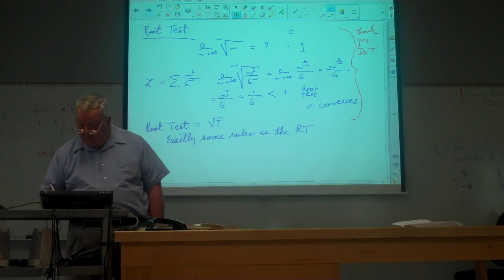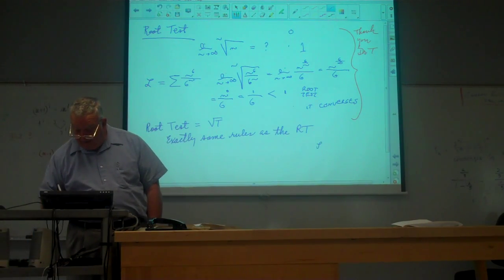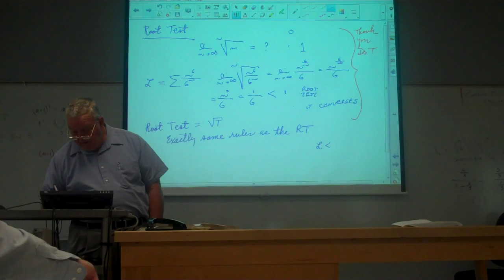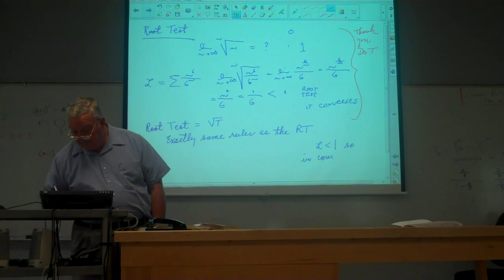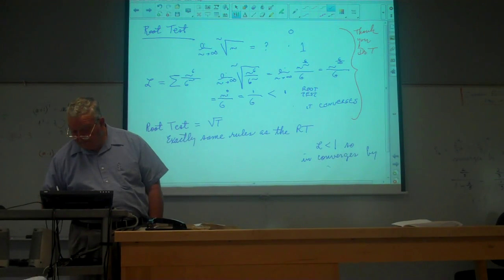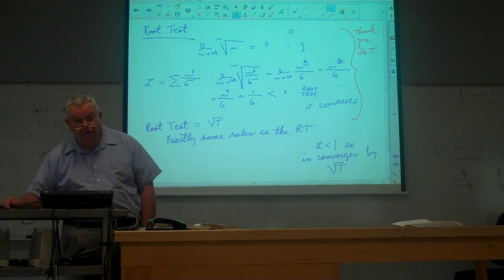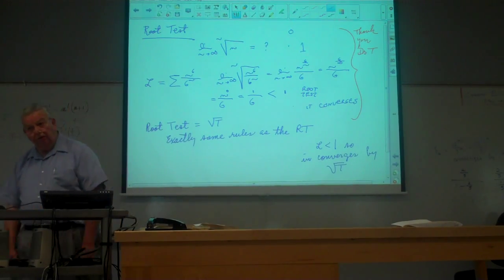And you take note of the fact that L is less than 1, so it converges by the root test. You follow?